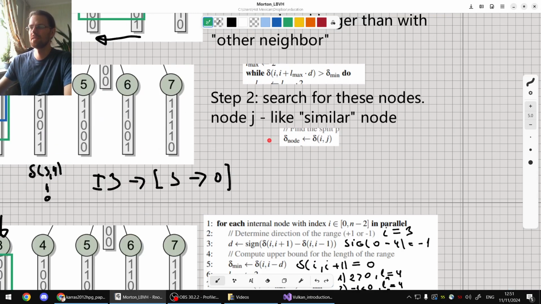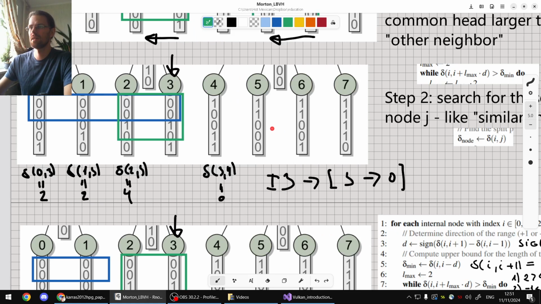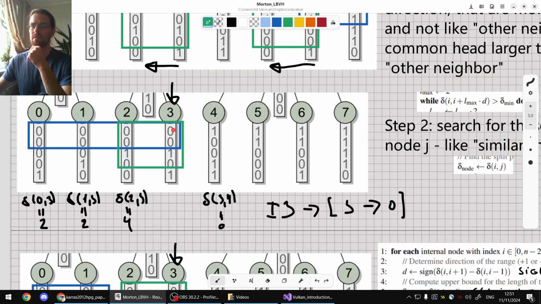And what you get is the opposite edge, basically where the range of a node ends. In this case, we have selected everything because every node has a head larger than 2. And basically this will be our j.